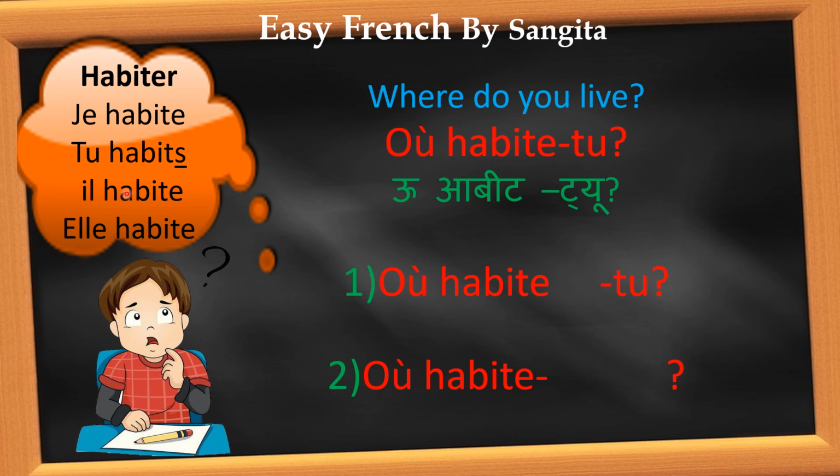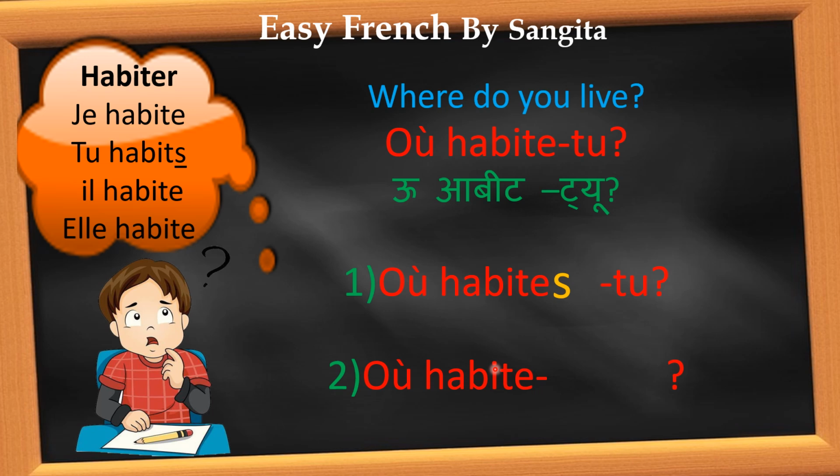In the tu form, it's with an S. So over here, the S is missing. If I put an S over here, then it becomes correct. So the mistake is you have to put an S over here, then it becomes où habites-tu, means where do you live.